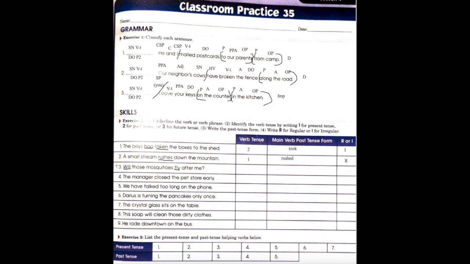For verb tense, we have to look at the helping verb. Will. Will is always a future tense verb. So we're going to write a number 3 for future tense. And then main verb, past tense form. Main verb is fly. What is the past tense form of fly? It is flew. We can't say flied. We have to say flew, so it's irregular.